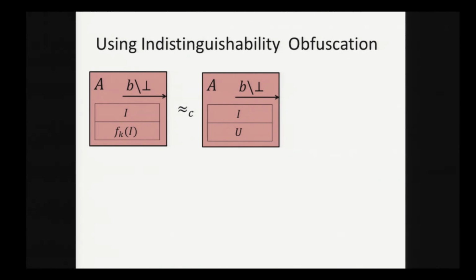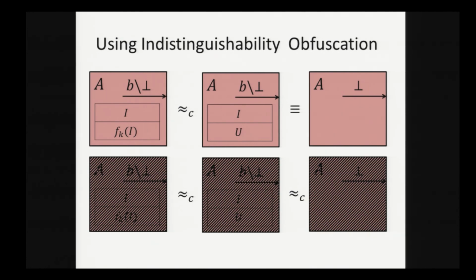So this adversary will never output the bit b. In fact, it's functionally equivalent to an adversary that just always outputs bottom. So from the security of indistinguishability obfuscation, we get that obfuscations of these three adversaries are all indistinguishable. And since this last adversary is independent of the bit b, the obfuscation of the original adversary should also hide the bit b.